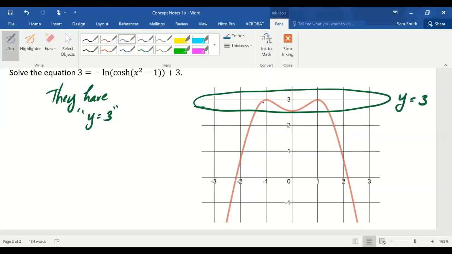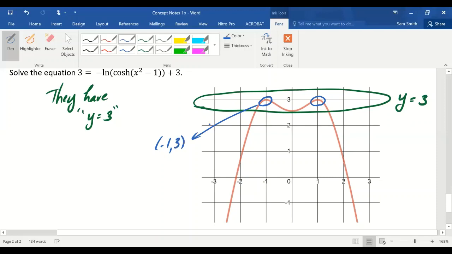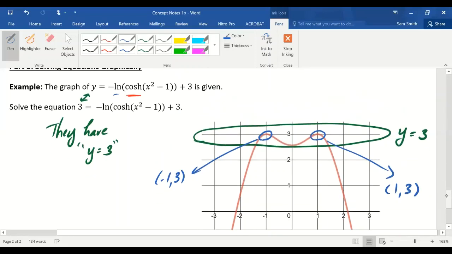So that means that these 2 points here, this one on the left has coordinates -1, 3. This point on the right has coordinates +1, 3. These 2 points represent pairs of x's and y's that make our original equation true.